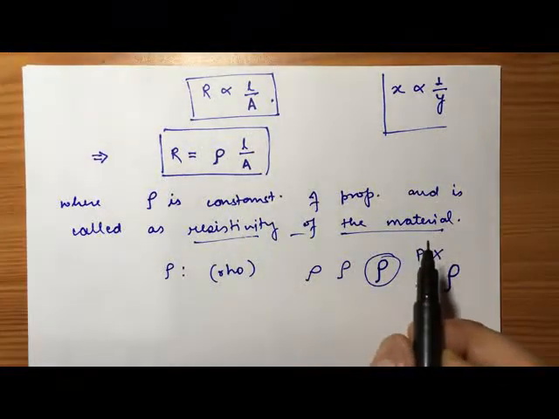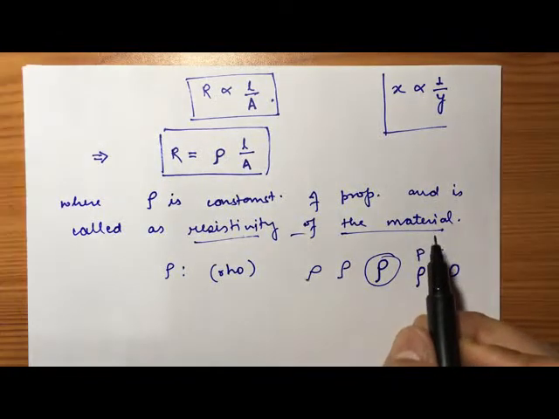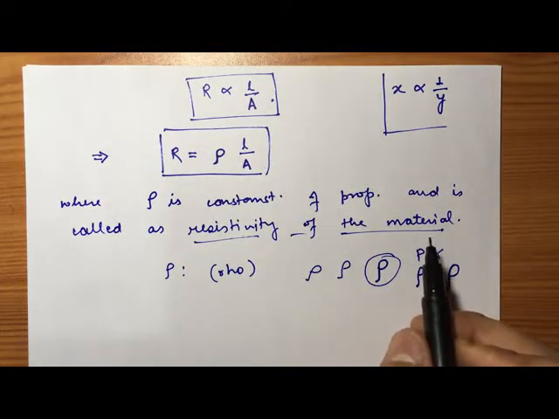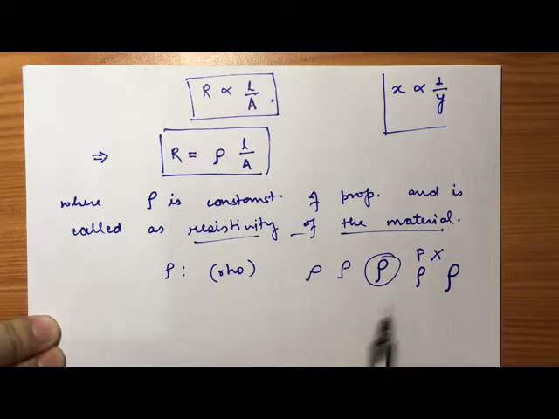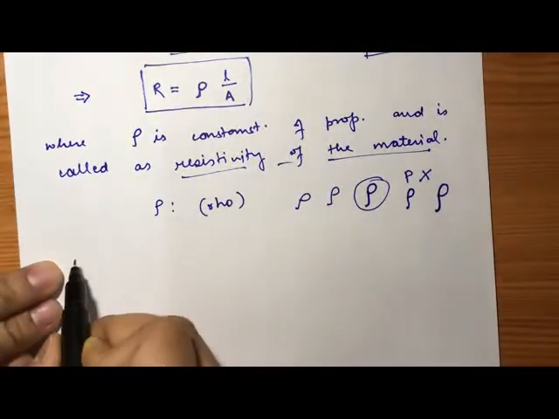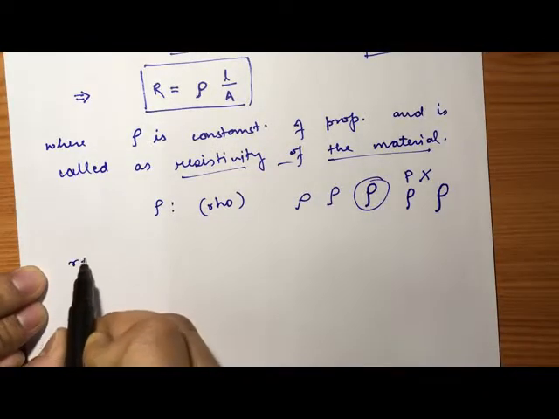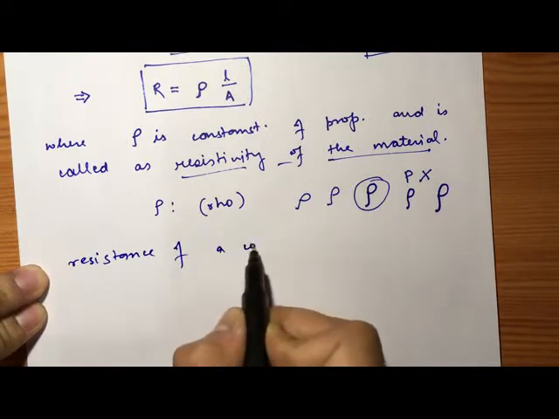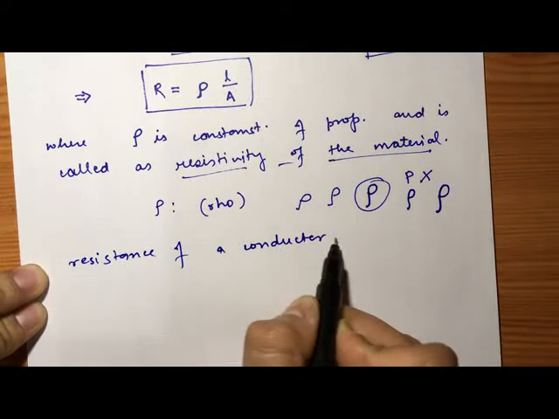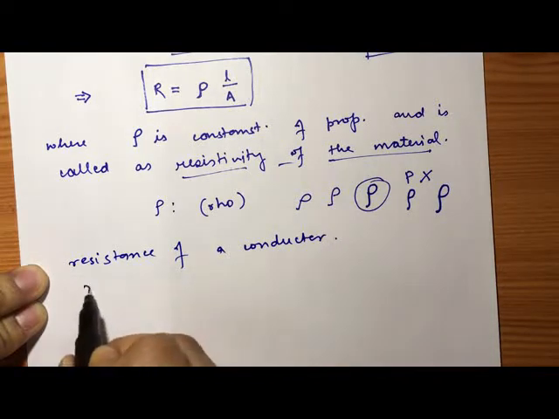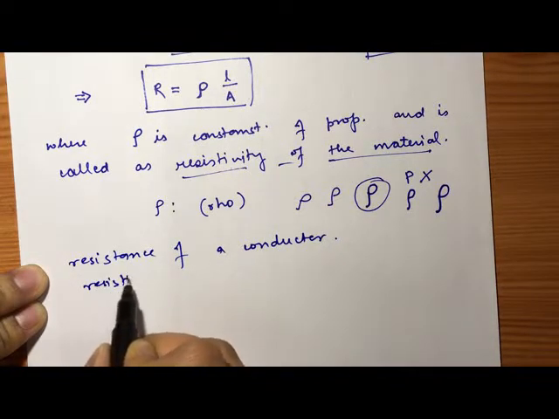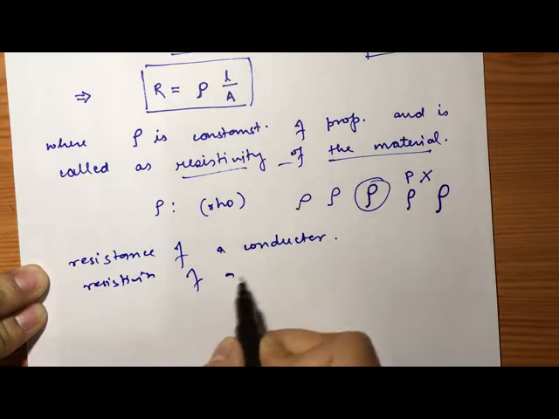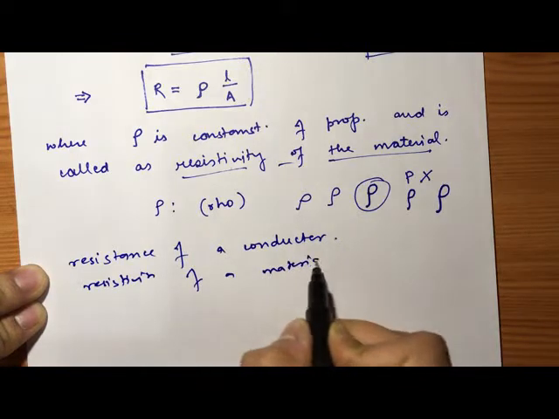Now we have to think about this, and what is the point of difference: we discussed the resistance of a conductor, and now we are studying the resistivity of a material, okay.